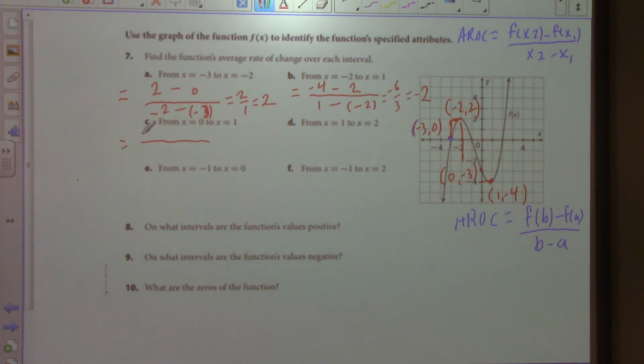So we have f of x2 over x2, then subtract out f of x1. What's f of x1? Negative 3 over x1, which is 0. So what do we have here? Negative 1 over 1, which is negative 1.